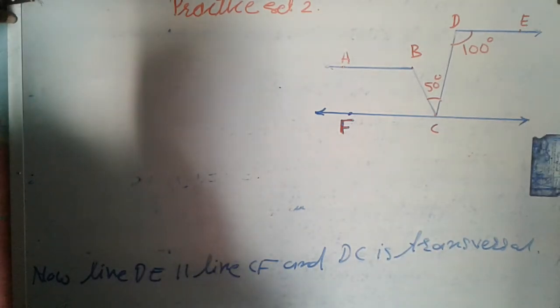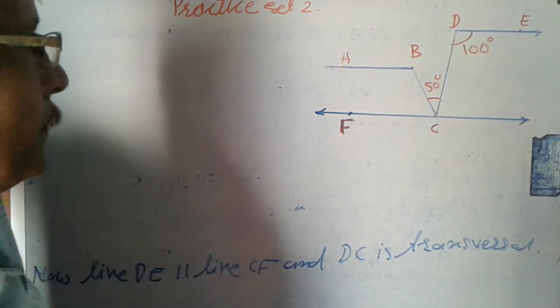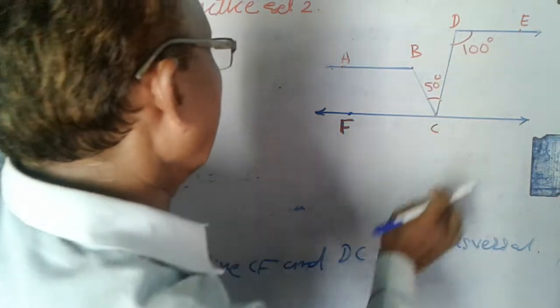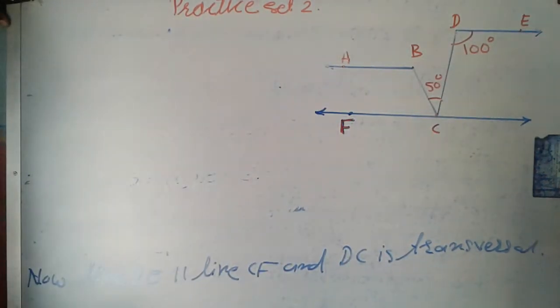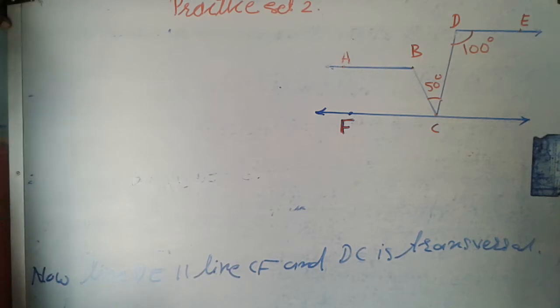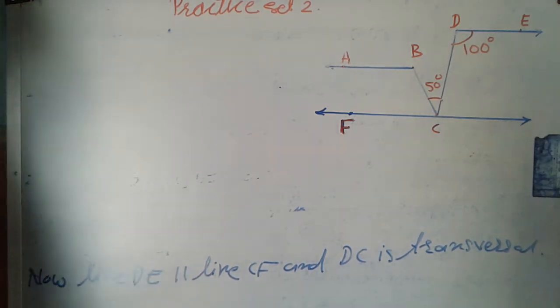Due to this transversal, angle CDE and angle DCF are congruent because of the property of parallel lines and their transversal.